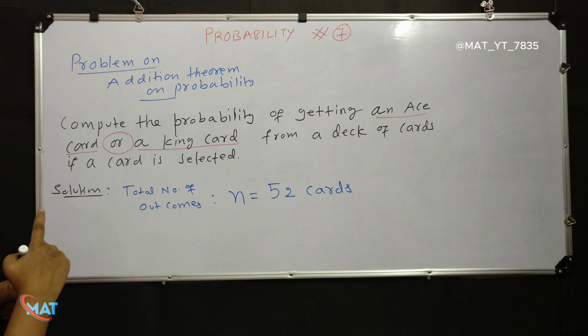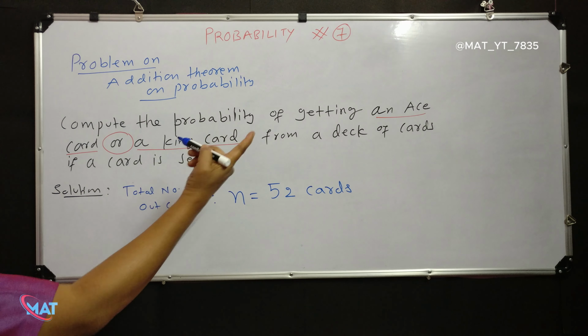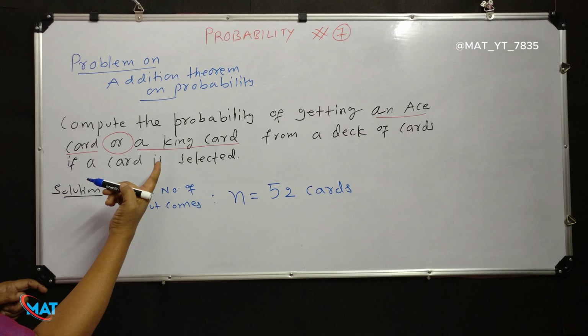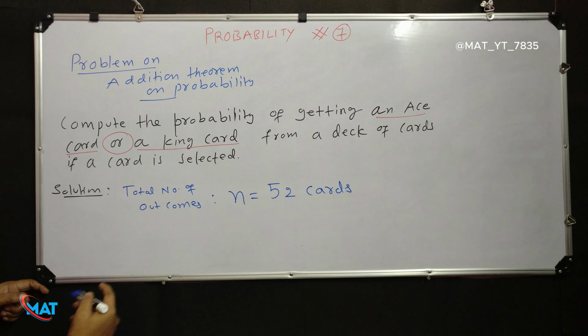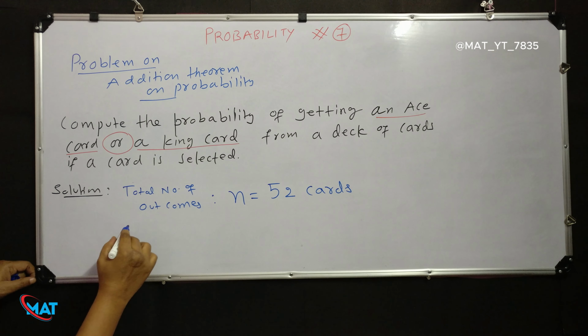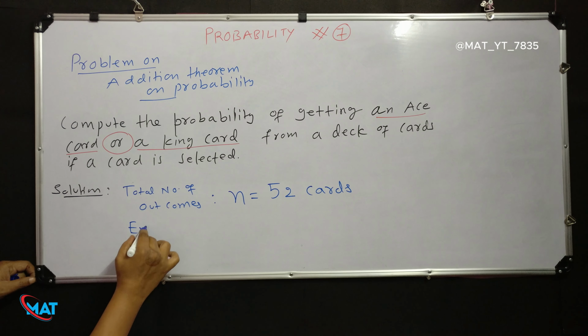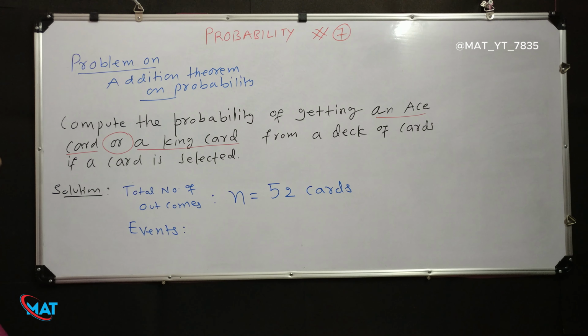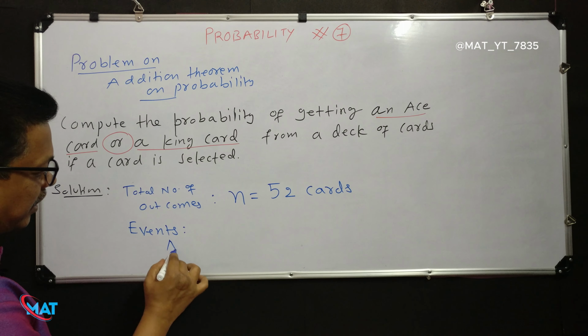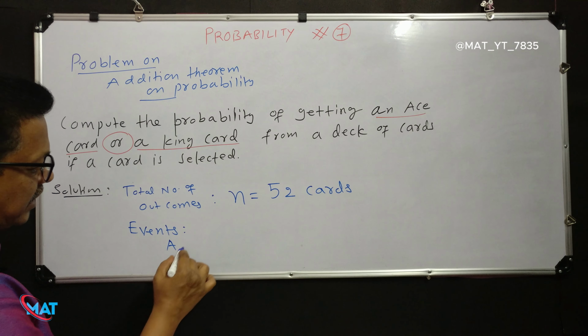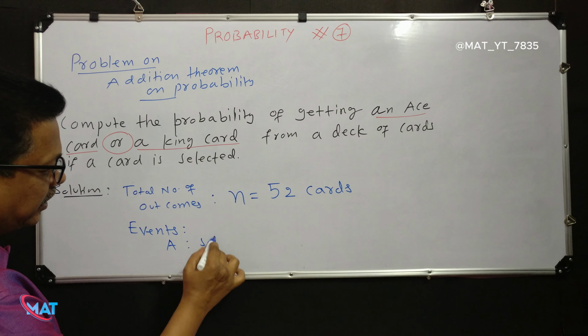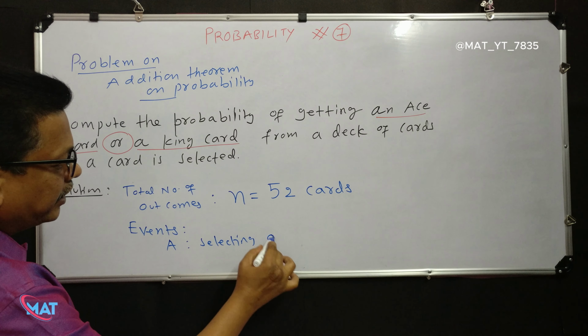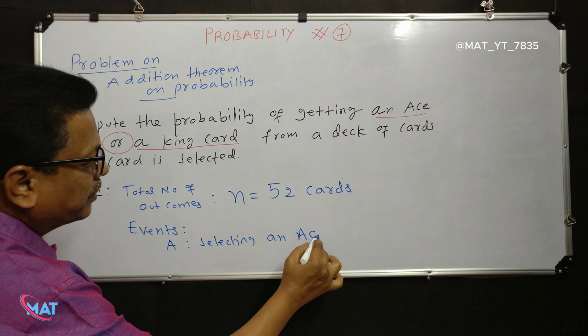Next, two card names are given to you. One is the ace card, the other is the king card. The next step is: what are the events? There are two events here. One event we name A. A stands for selecting an ace card.